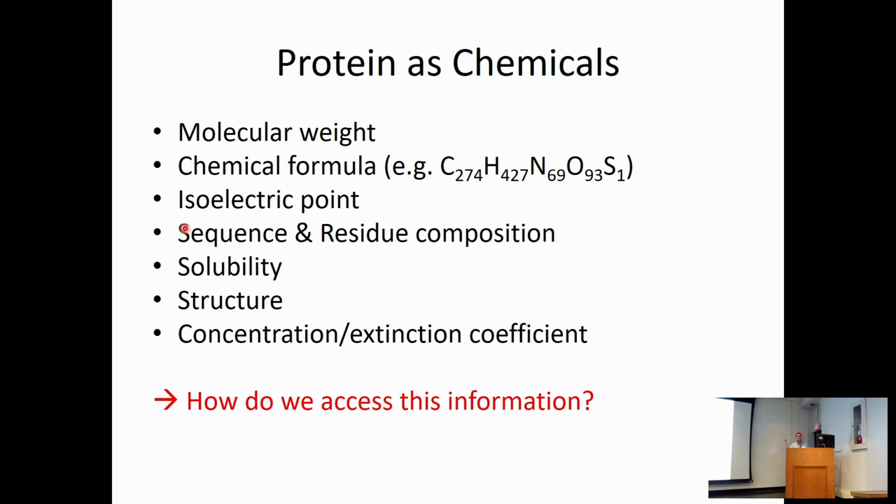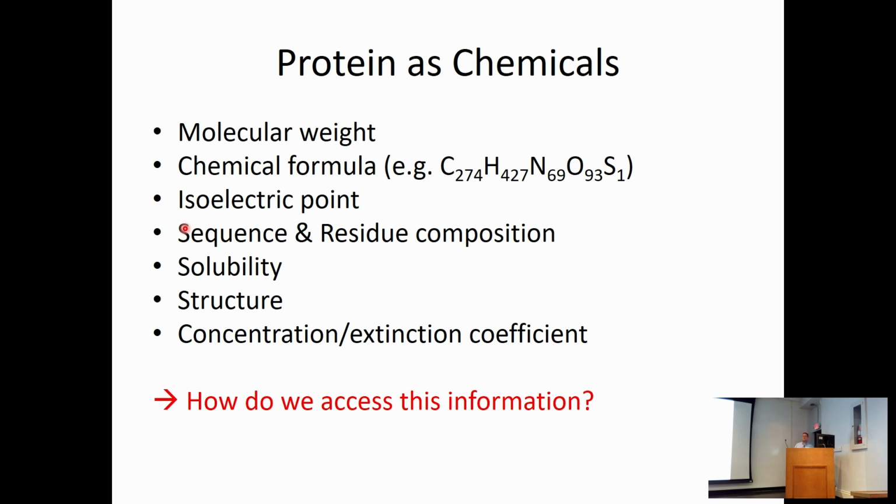And so proteins inherently are chemicals, and therefore they have all the same properties that other chemicals might have. Some of those might be the molecular weight. If I talk about a protein, one fundamental number is how much does it weigh? What's the molecular size of that protein?